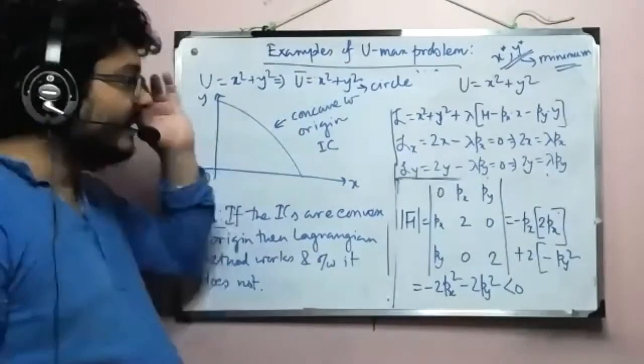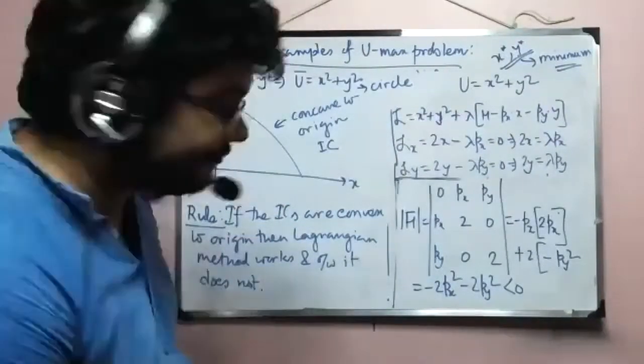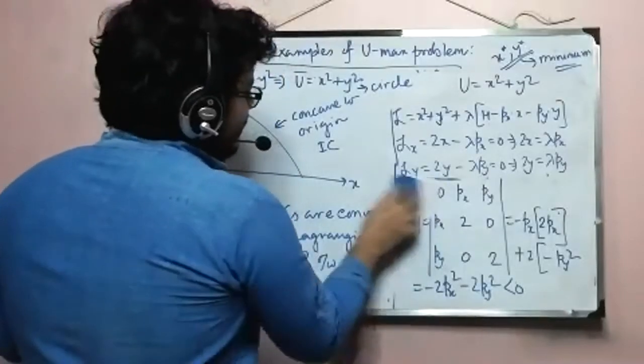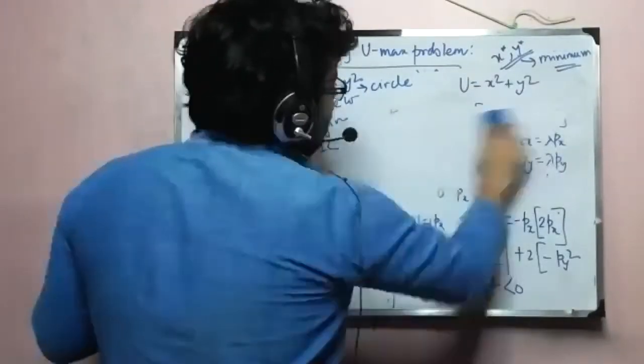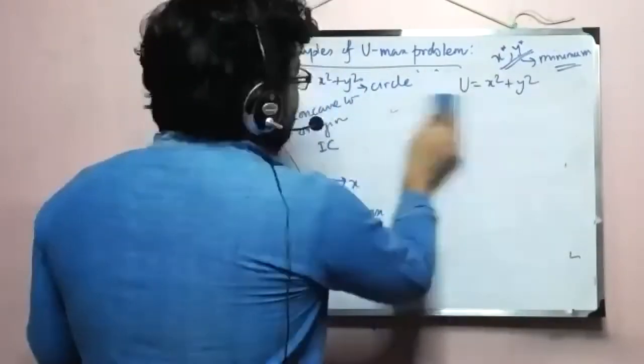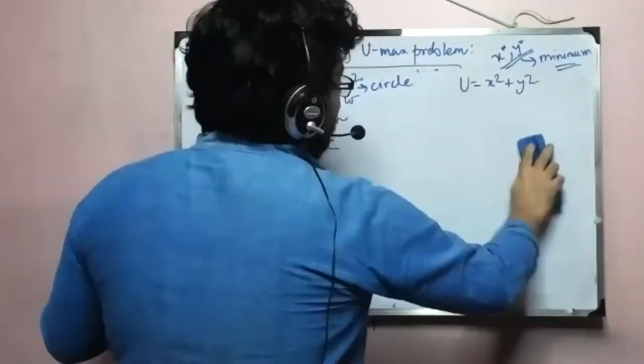Okay. Now, what happens with the other utility functions? Let's look at that. Because knowing only the Lagrangian method does not really work. What you have to know is where it does not work. Because every time you see a utility function, you cannot apply the Lagrangian method. That's what we are learning here.